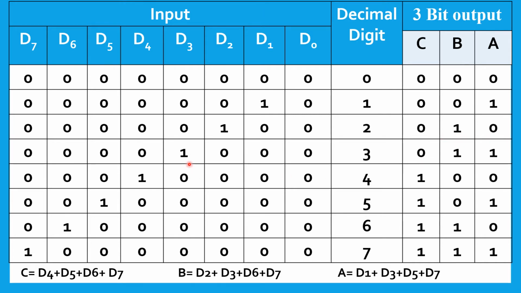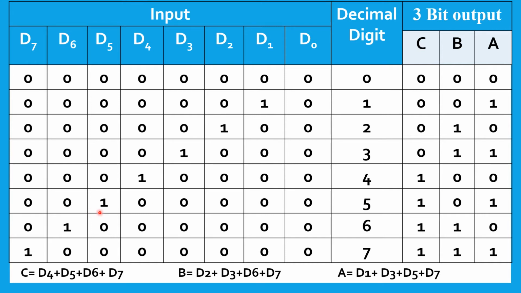And when D3 is 1 and all the other inputs are zeros, the decimal digit equivalent is 3 and the output is 0, 1, 1. When the D4 input is 1 and all the other inputs are zeros, the decimal digit is 4 and the binary output is 1, 0, 0.